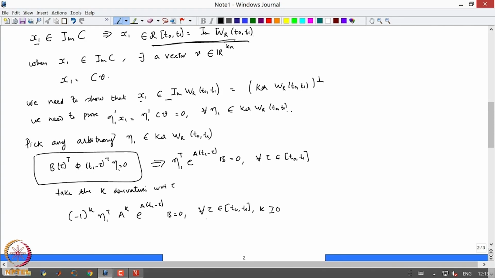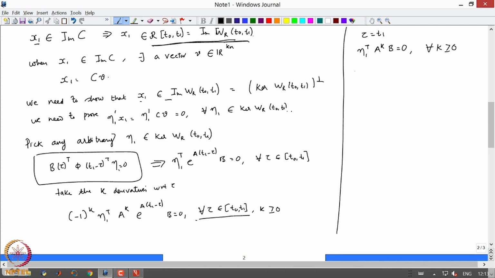In particular, when tau equal to t 1, I have eta 1 transpose a power k times b equal to 0 for all k greater than or equal to 0.